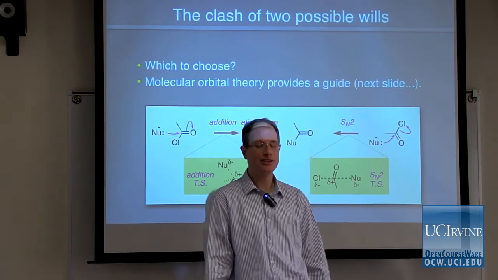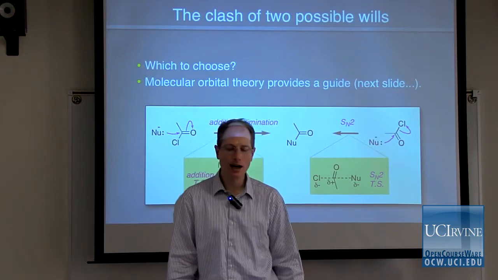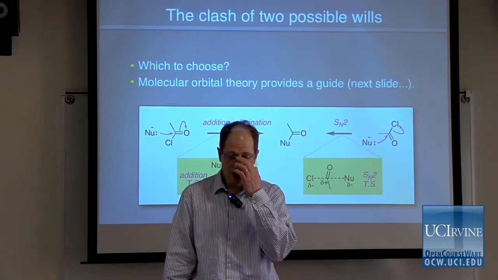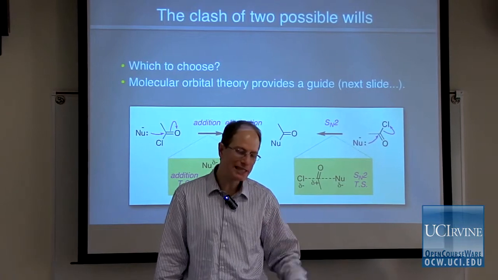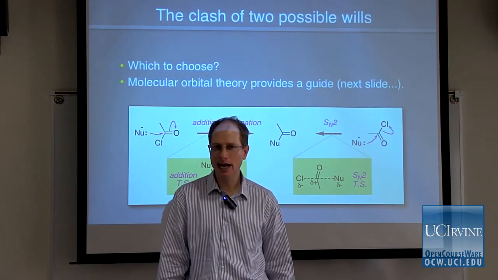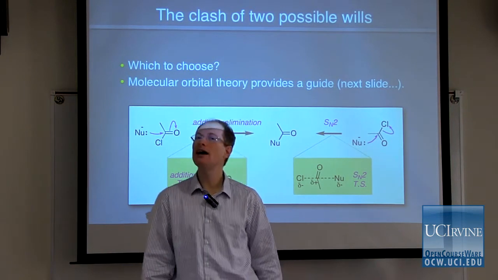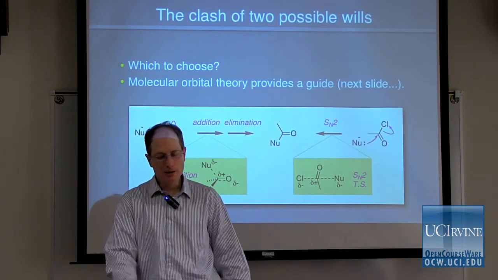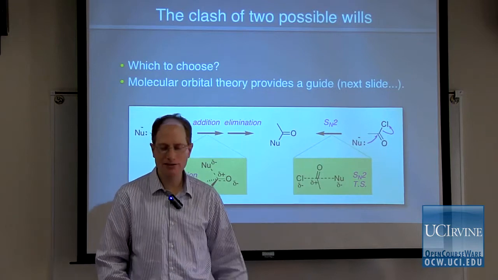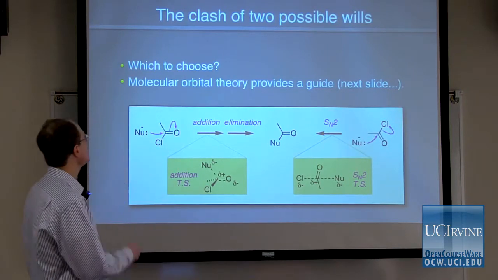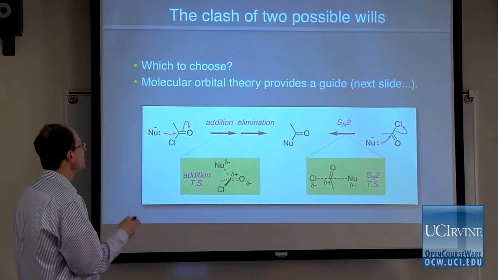And again, this is good news. Okay, so for example, let me show you an easy case where we're going to be looking at two possible mechanisms, one that makes chemical sense and one that does not. And so by doing this, we can start to eliminate a lot of different examples. Okay, so here is a clash of two possible wills.